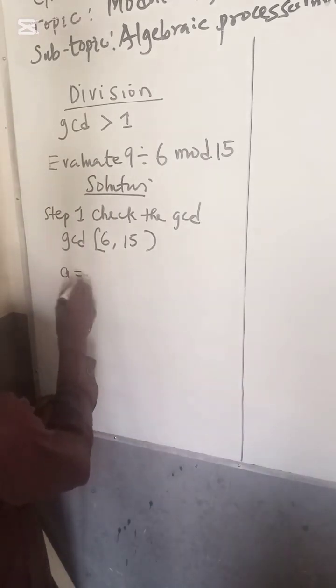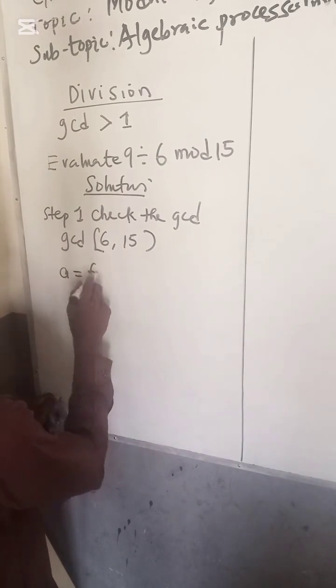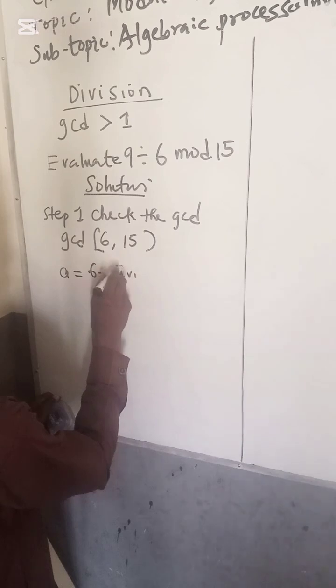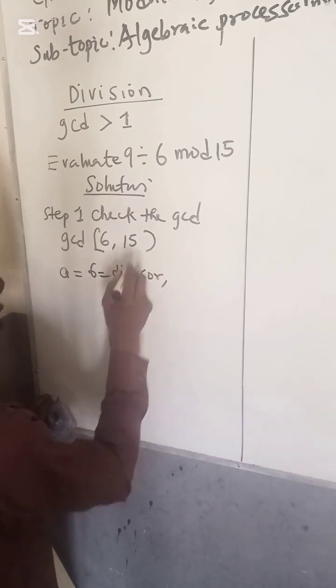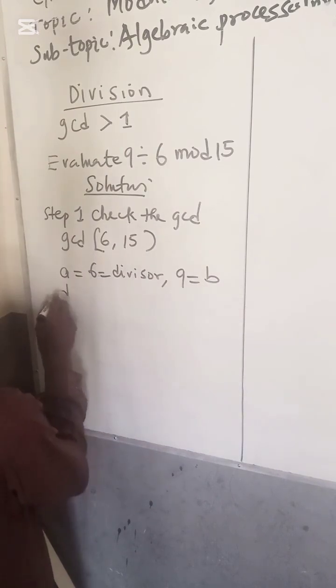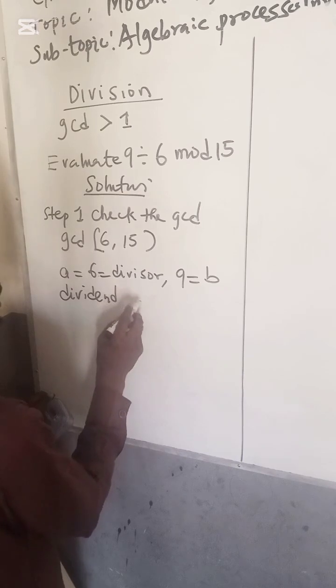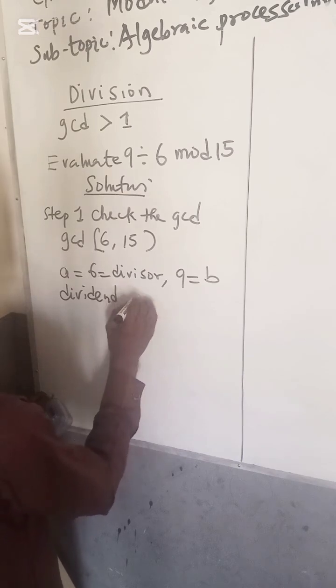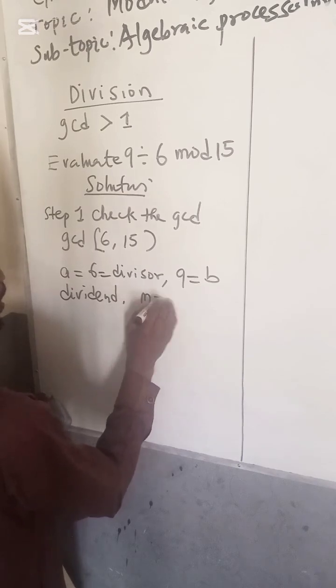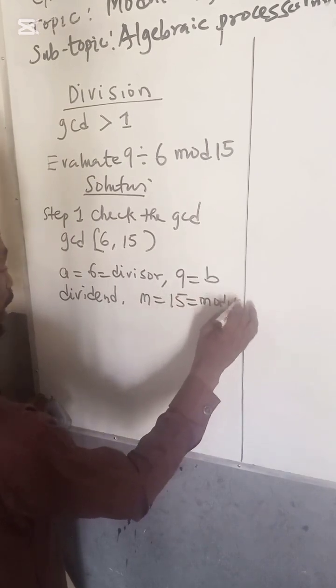Now, A is equal to 6. That's our divisor. Now, let's assume 9 is B, which is our dividend. Then M is our 15, which is our moduli.